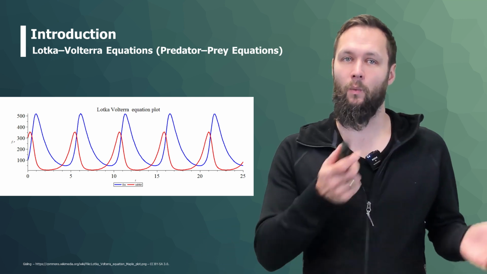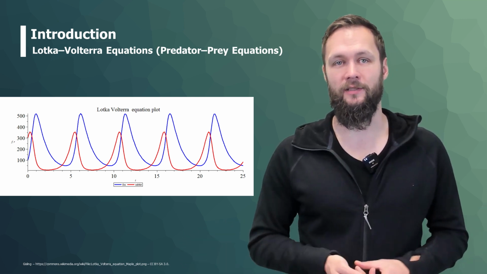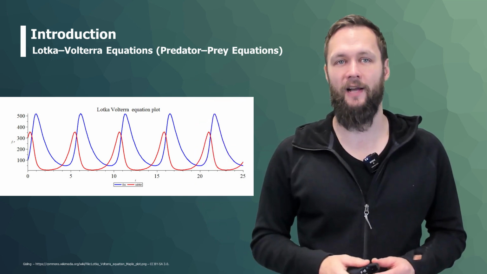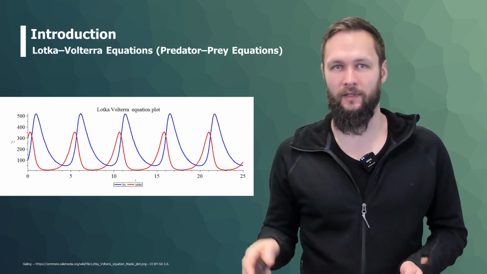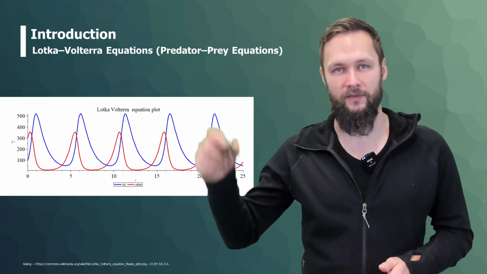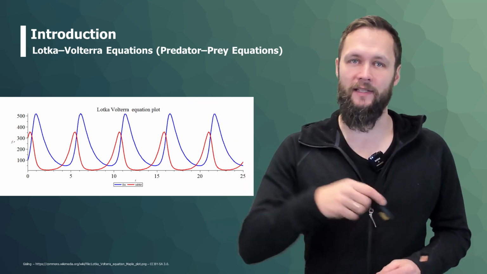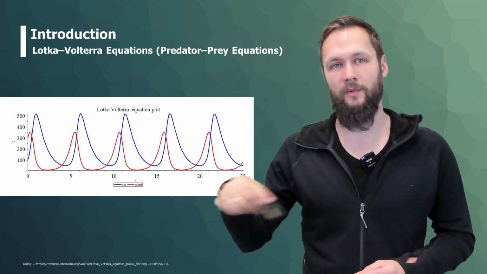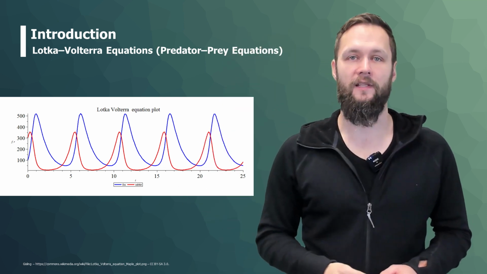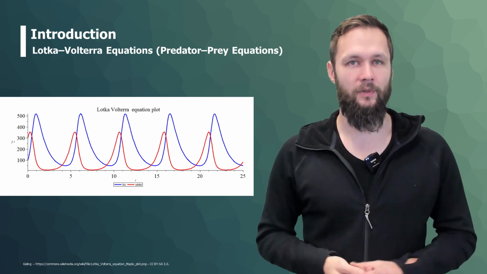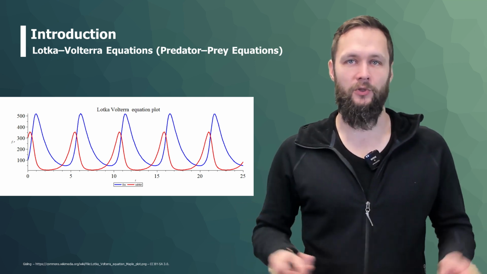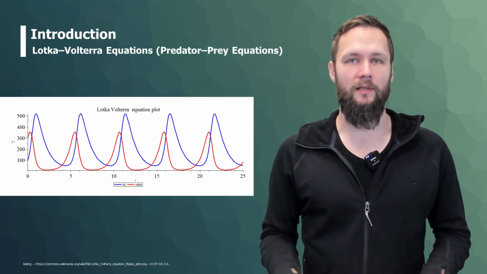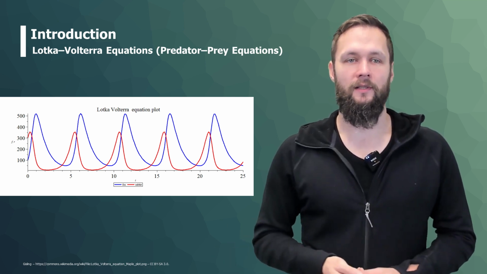While the fox population collapses, the rabbits slowly but surely recover, and then we're back in the cycle that continues again and again. So we have an increase in rabbits, followed by an increase of foxes, then a collapse of rabbits, followed by a collapse of the foxes. And this very simple equation, known as the predator-prey or Lotka-Volterra equations, is essentially what we're going to build on for this lecture.